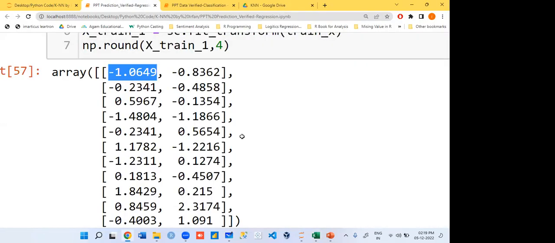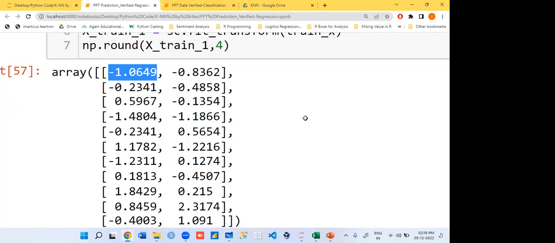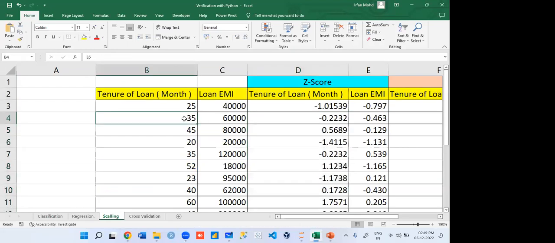What is the second row? Do it for the second row, 35. Just put 35 and solve.